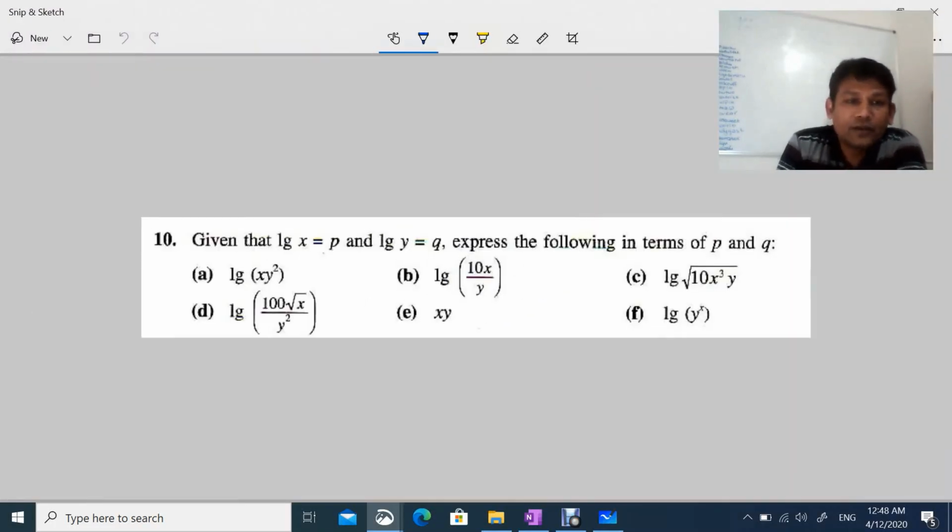Okay, given that lg x is p, two values are given, relations are given to us, and express the following terms in terms of p and q.